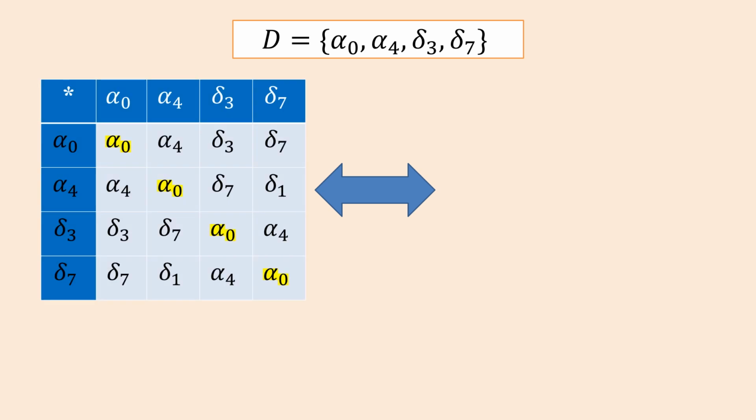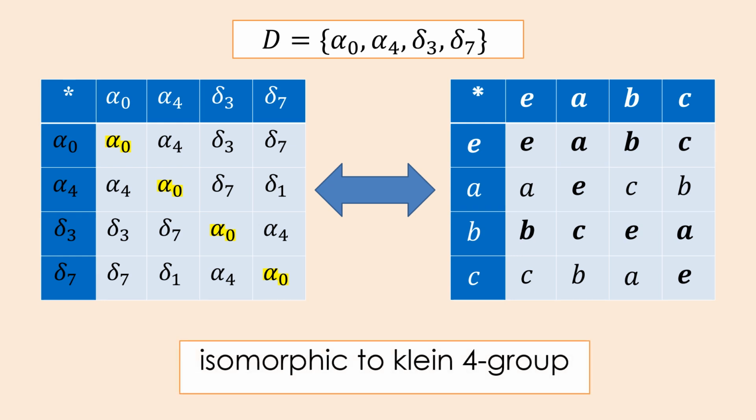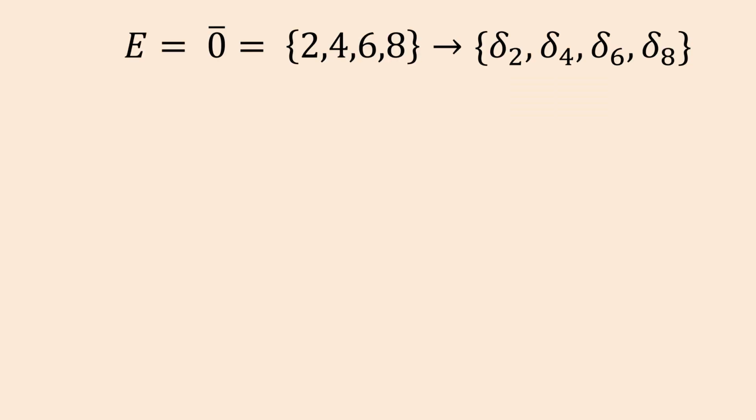Also, our second subgroup is isomorphic to the Klein 4 group. A Klein 4 group is a well-known group with 4 elements that follow the specific identity and inverse rules. Therefore, our subgroup D is closed, associative, has an identity element, and has inverse elements, as does our subgroup B.